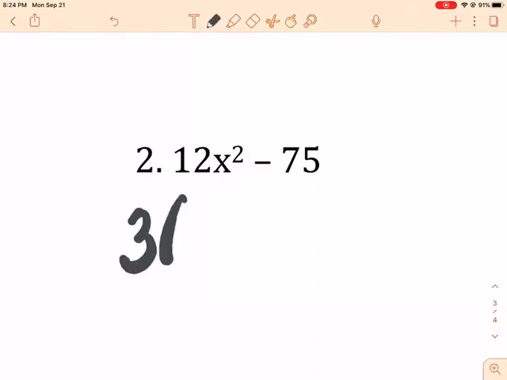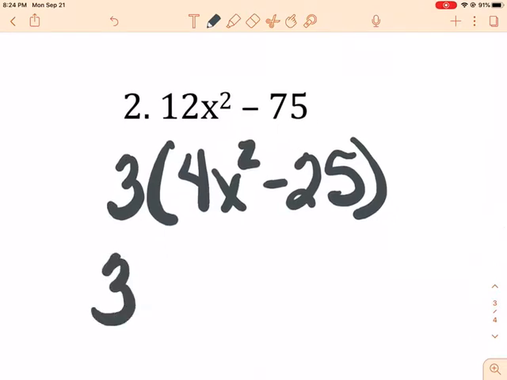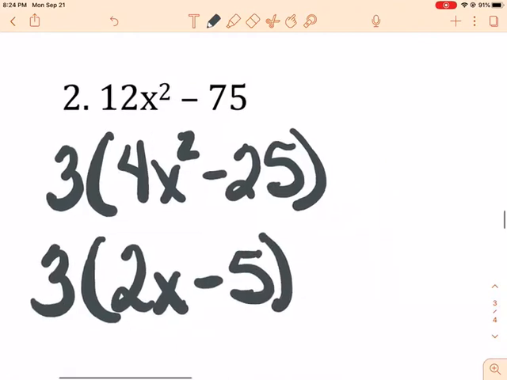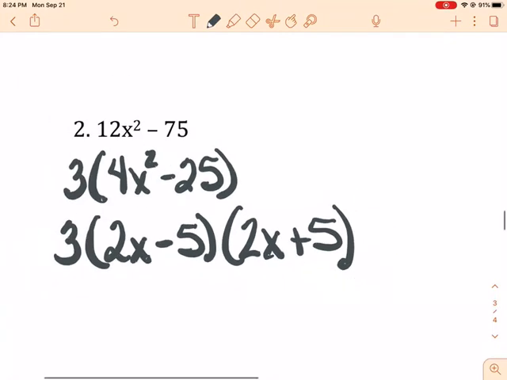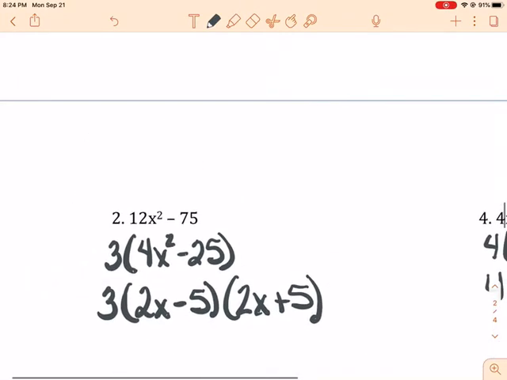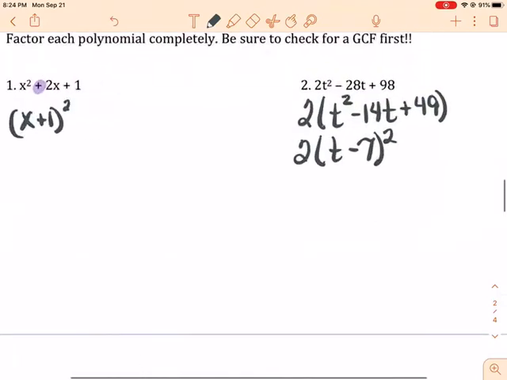I think 3. Yep. Now when we look, both are perfect squares. All right, pause the video and check out the other two.